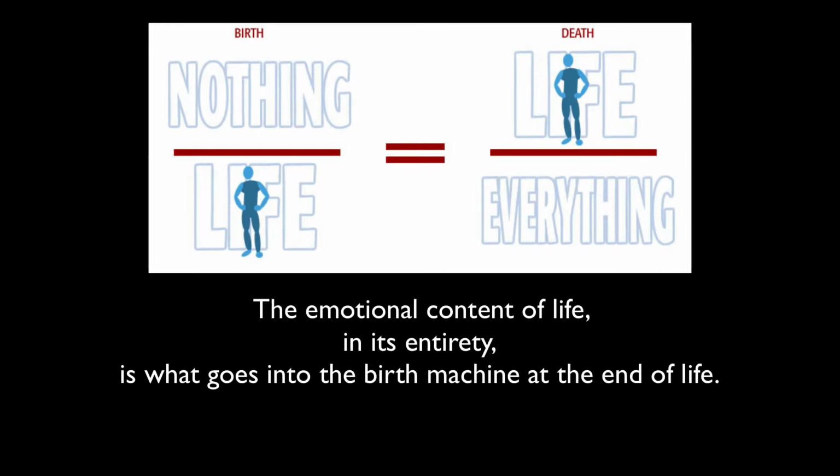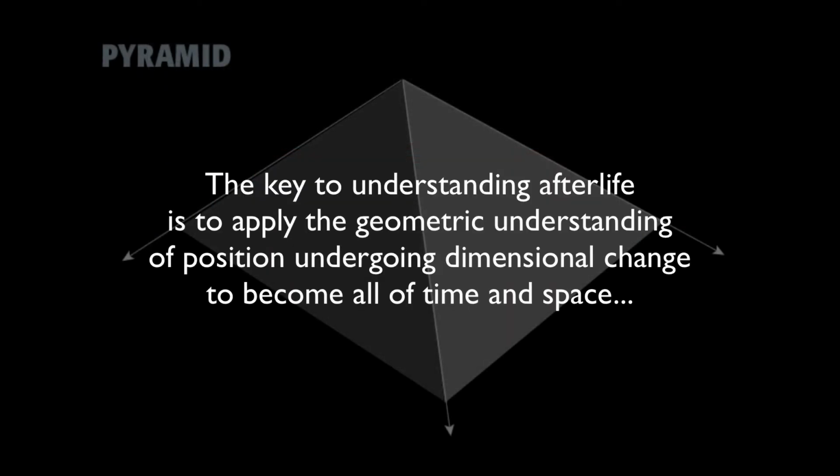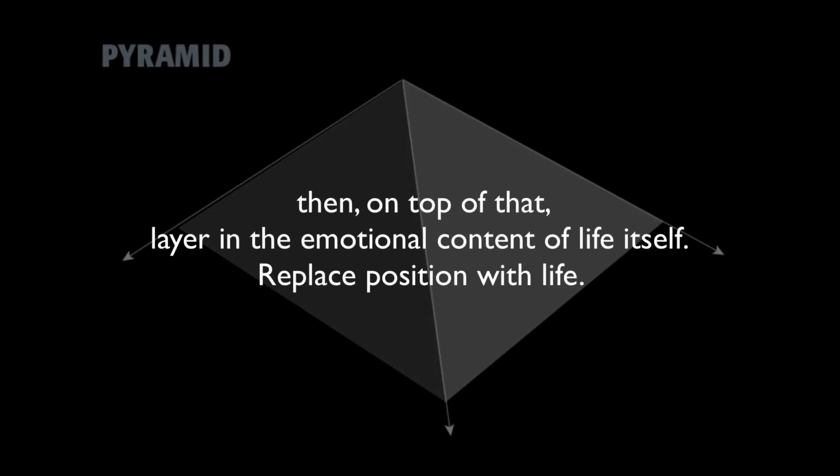The emotional content of life in its entirety is what goes into the birth machine at the end of life as shown here. The key to understanding afterlife is to apply the geometric understanding of position undergoing dimensional change to become all of time and space. On top of that, layer in the emotional content of life itself.